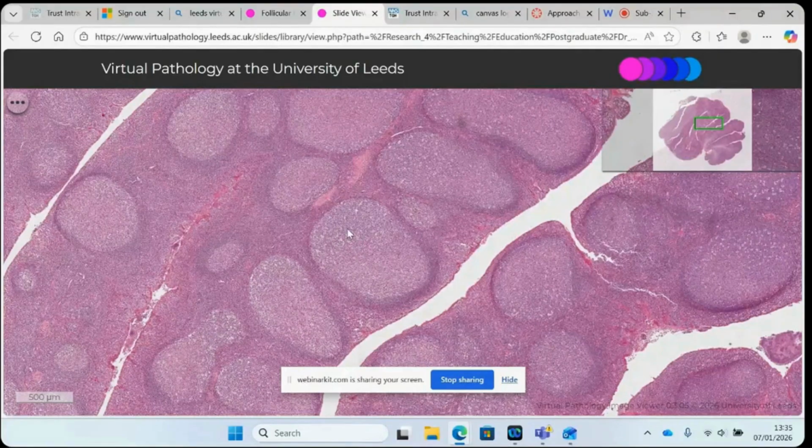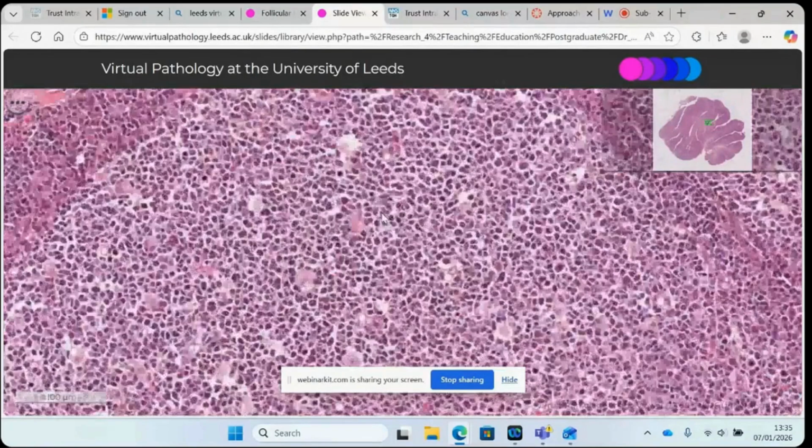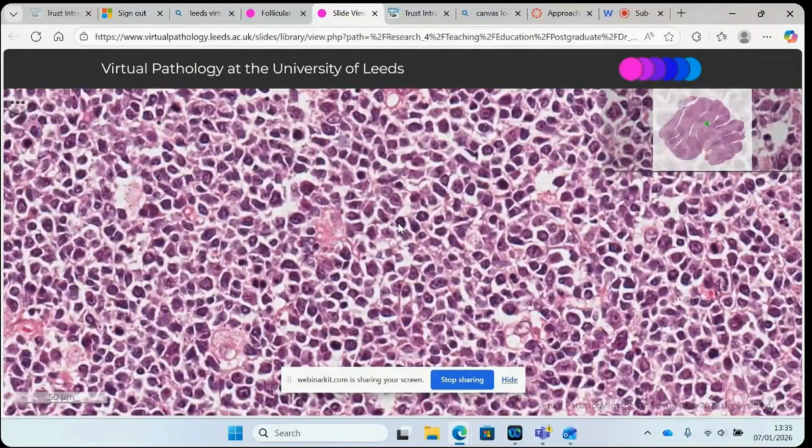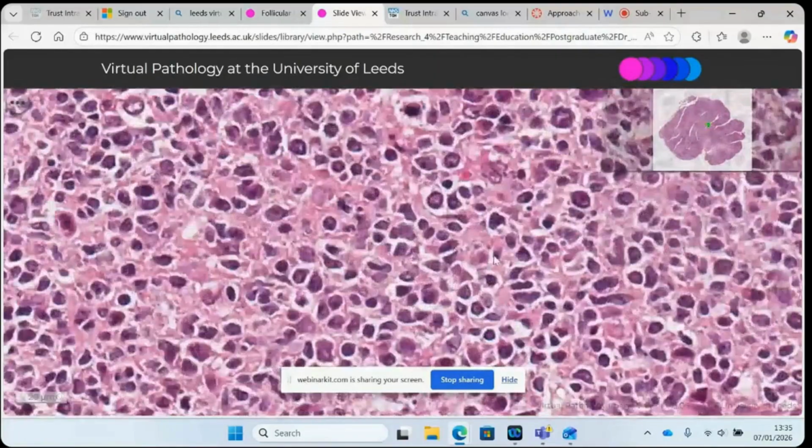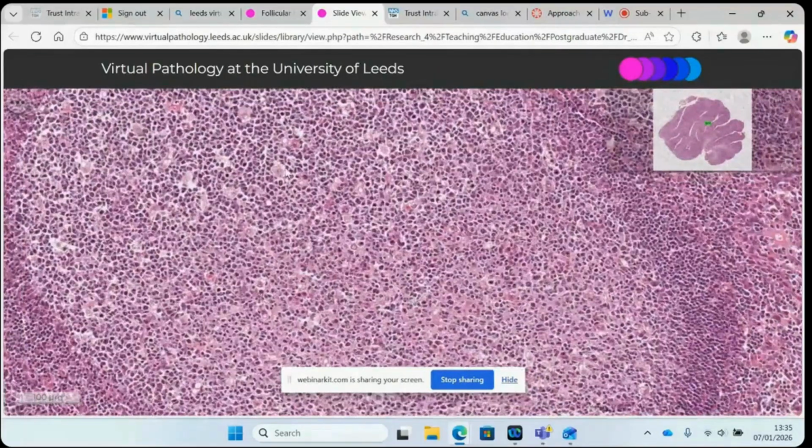Probably won't be present in all because of cross-cutting. This is a good example. You've got a different color there versus there, and that's because you've got different cells in this part. These are more centrocytes, and you've got larger cells in this part. So you've got polarization across the follicle.